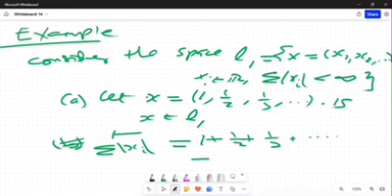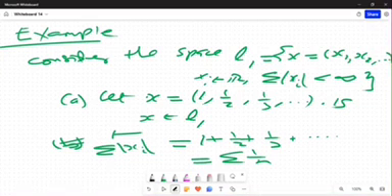This sequence is familiar to us. This is equal to summation 1 over n, if you recall. And in our real analysis, we tested the convergence or otherwise of this series. Is it convergent?